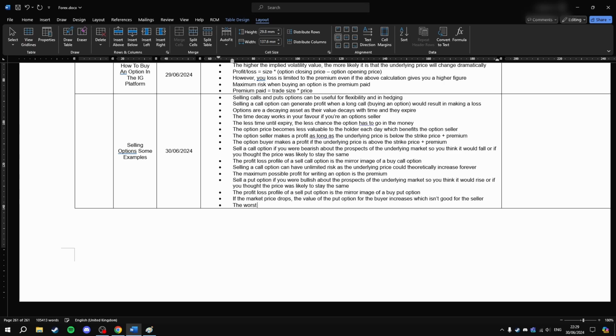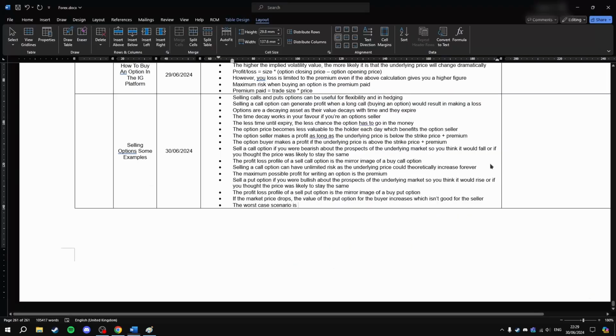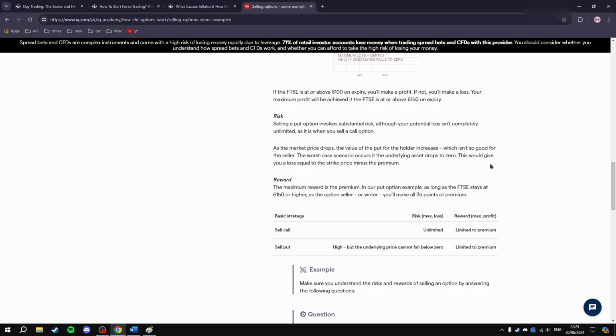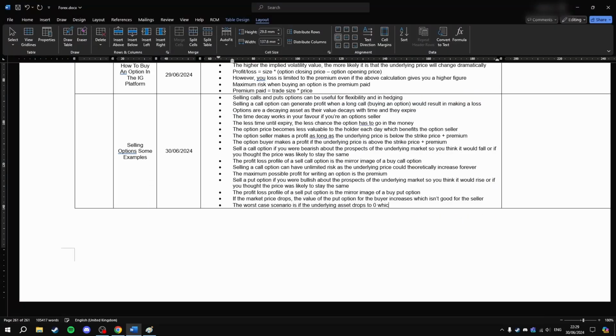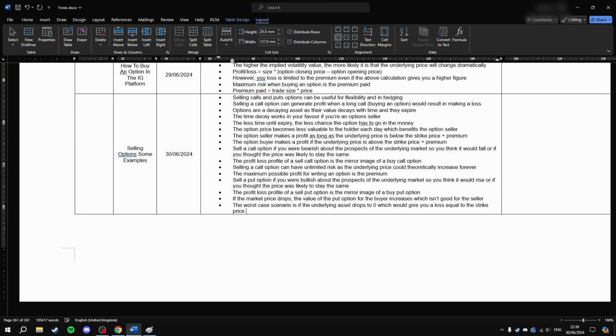The worst case scenario is if the underlying asset drops to 0, which would give you a loss equal to the strike price minus the premium.